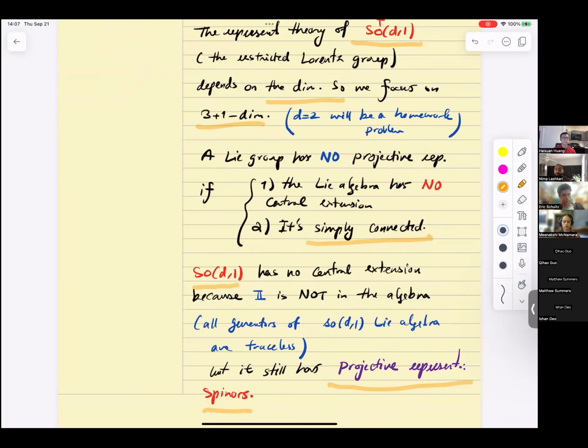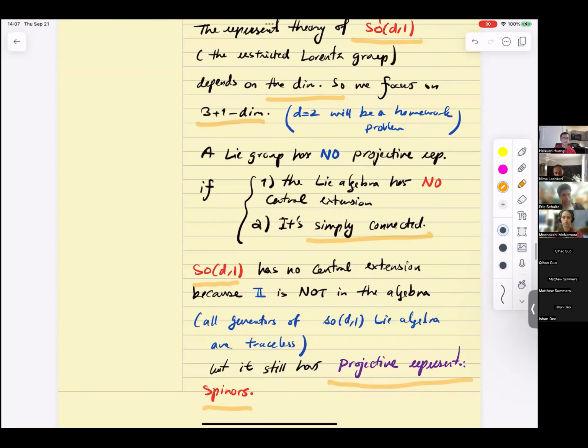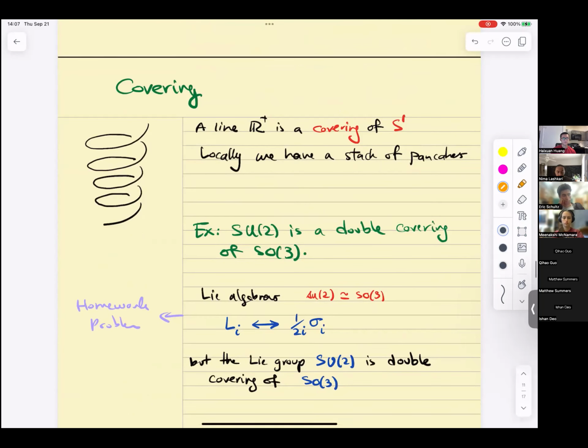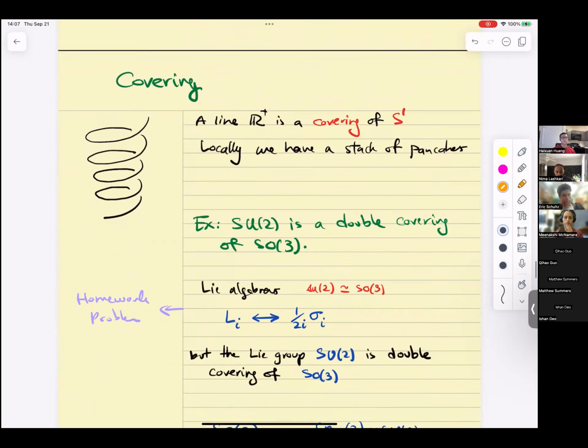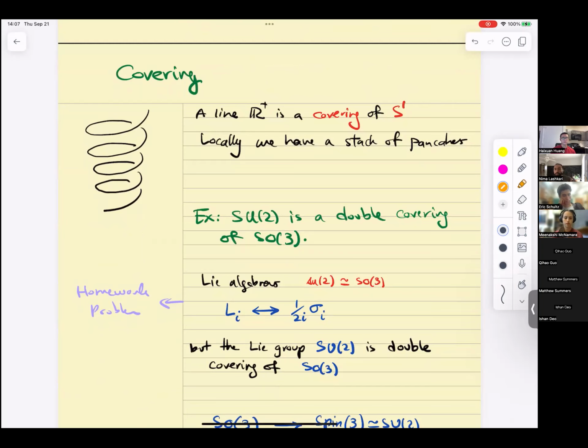That's where spinors come from. There's no central extension, but the manifold is not simply connected. All right, let's explain this simply connected business a little bit more. We're going to use a notion called covering.